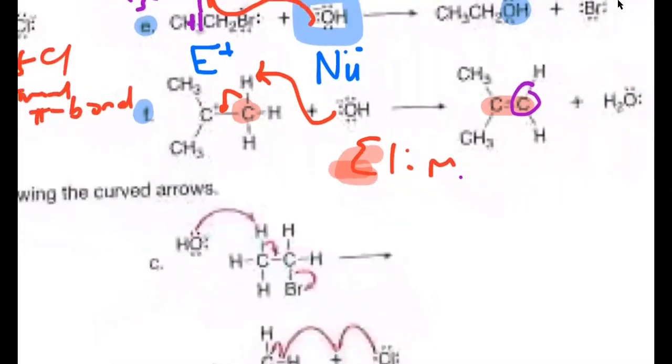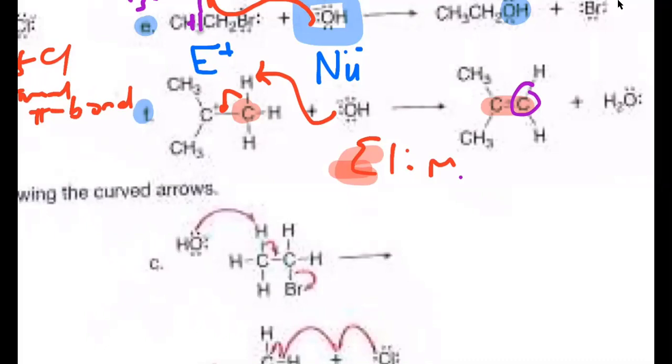What is that called when I pull off a H plus? Anybody remember? Because we've already done acids and bases. Deprotonation, yes. What's another term for it that we used? Proton transfer. Very good.